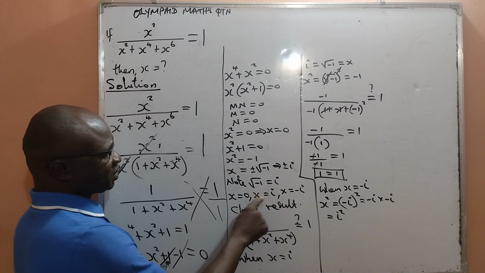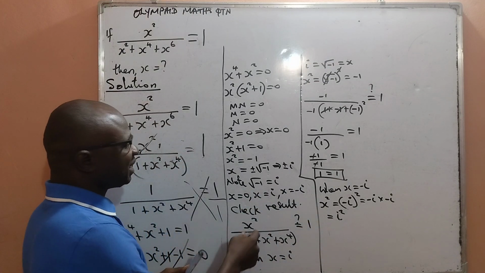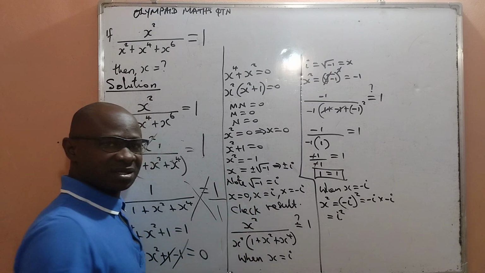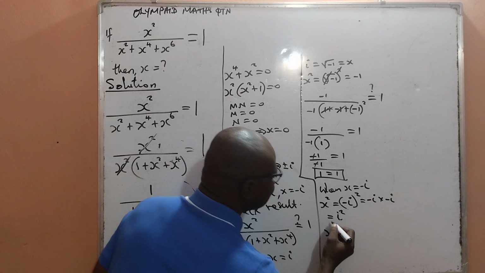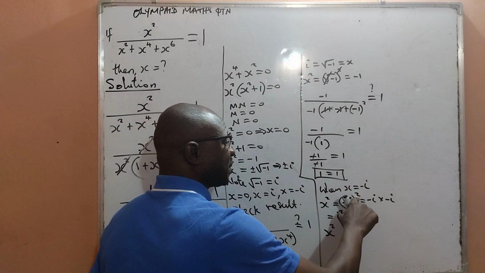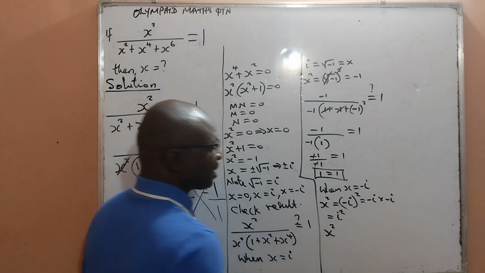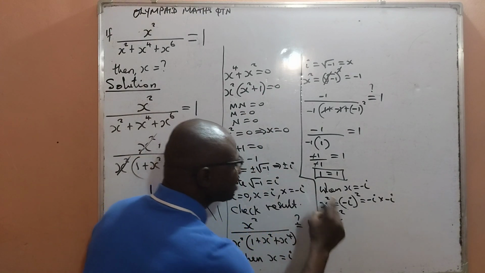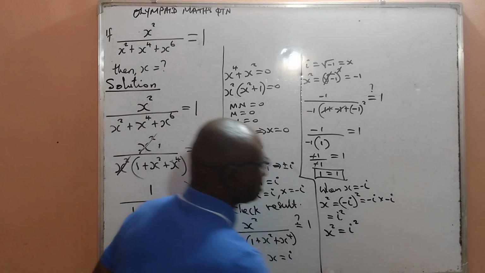Look at it, x equal to I. Now, I squared simply means x times x. Okay? So, if x squared is equal to negative I raised to the power 2, which is negative I times negative I, and that is equal to I squared. It means x squared is also equal to I squared.